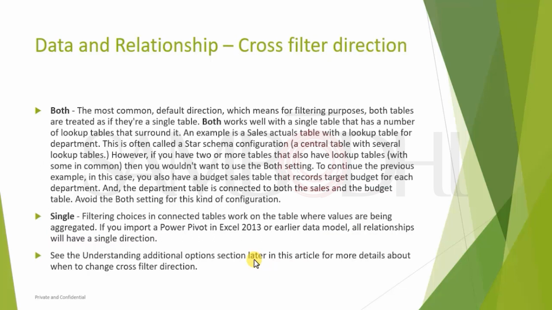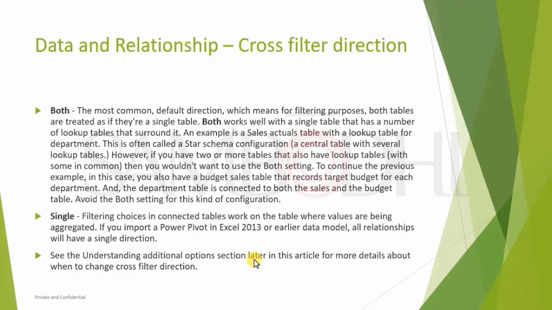Moving on. Now what did cross filter direction do? So when you set it to both, the most common and default direction, it means for filtering purposes, both tables are treated as if they are a single table. Both works well with a single table that has a number of lookup tables around it.